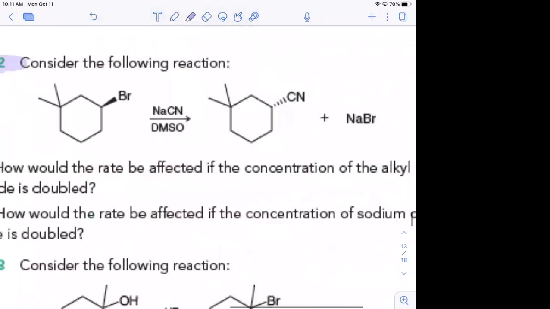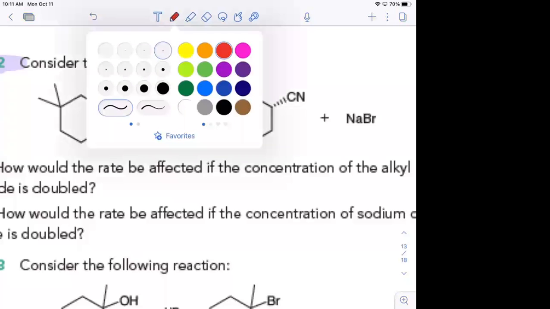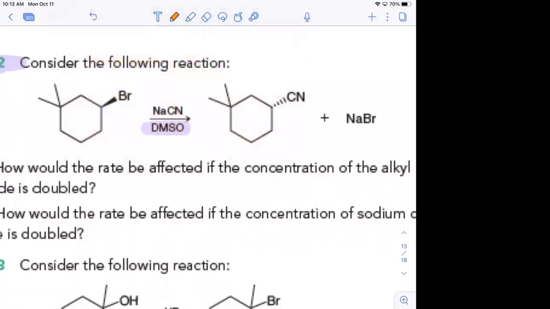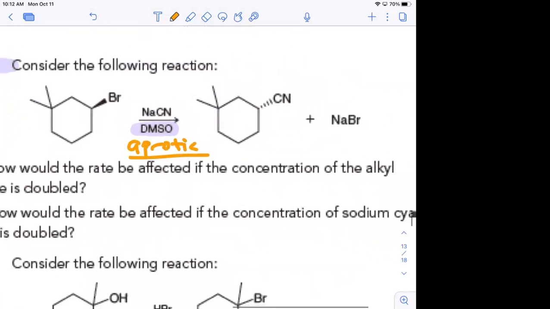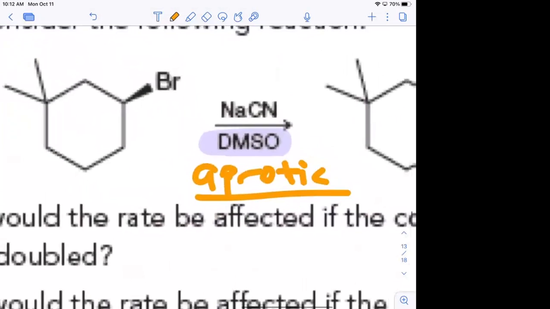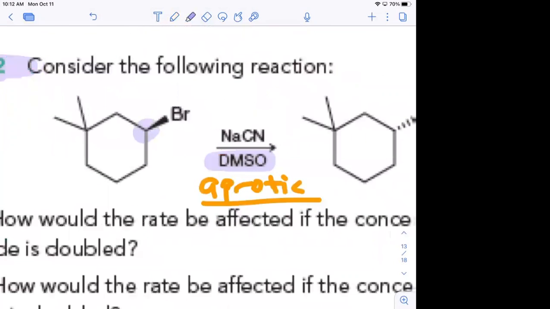So we have DMSO as our solvent, which is protic or aprotic? Somebody help me out. Aprotic, very good. We got an aprotic solvent. We have a secondary substrate.